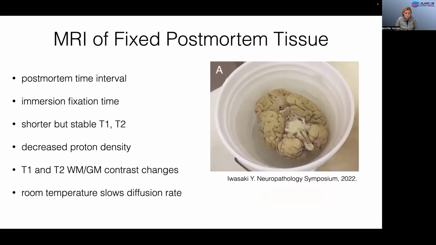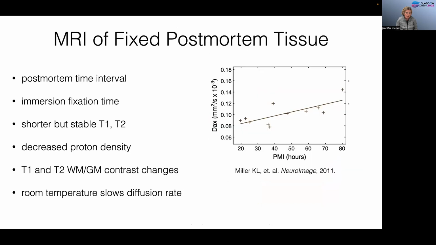Now, imaging fixed postmortem tissue does involve a number of important considerations. It's been shown that the postmortem interval, the time between death and fixation, is best kept short. This is showing that the axial diffusivity does get longer as that postmortem interval gets longer.